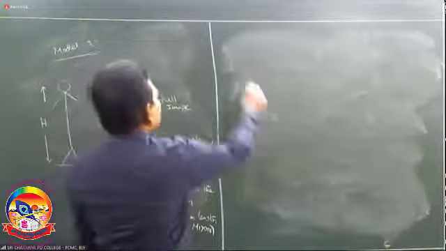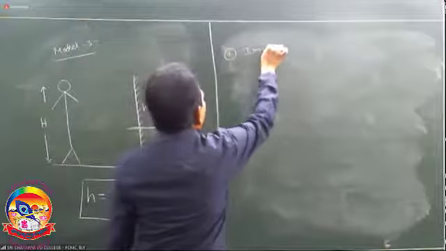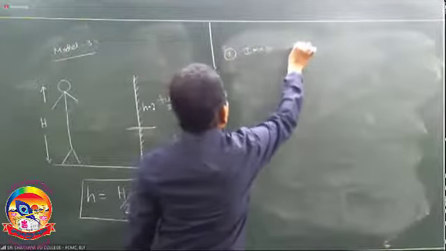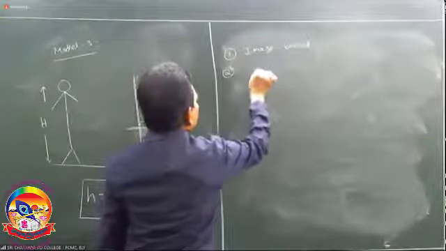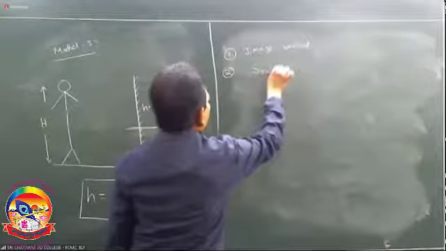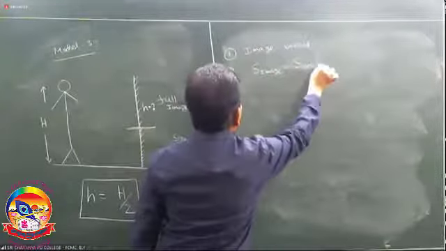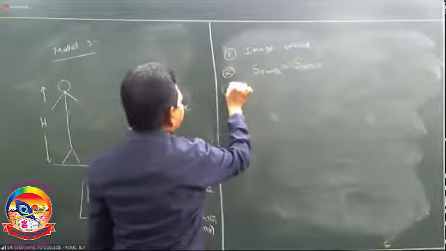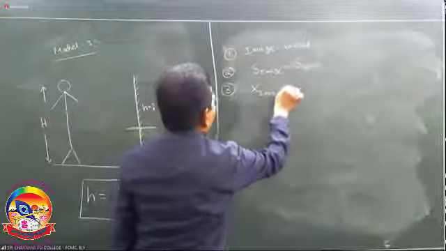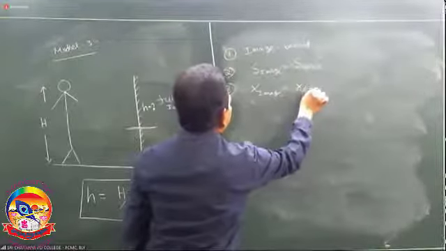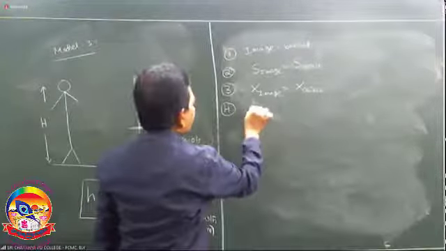What am I going to use? First point, the image is formed behind. Second point, the size of the image is equal to the size of the object. Third point, the distance of the image is equal to the distance of the object. Fourth point, similar triangles.